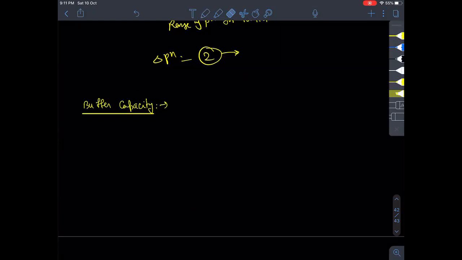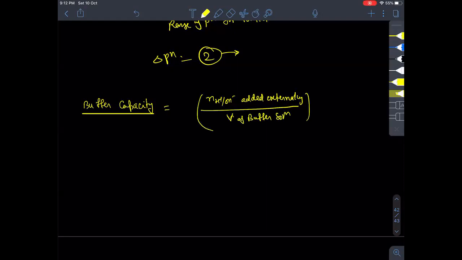Buffer capacity is defined by how many moles of H plus ion or OH minus added externally per unit volume of buffer solution, and the whole divided by how much change in pH is observed after adding that. This is how the buffer capacity is basically defined.